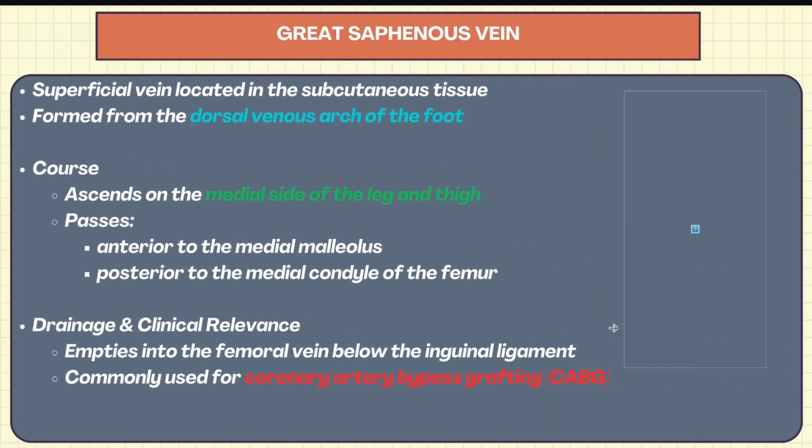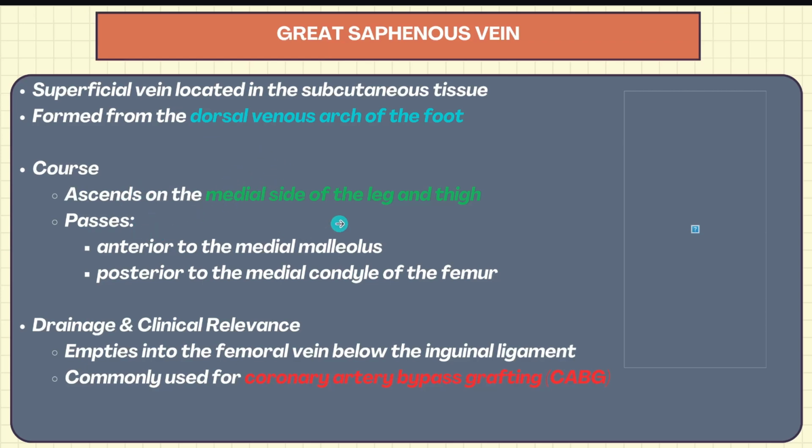Now, the great saphenous vein, a superficial vein, is located in the subcutaneous tissue and formed from the dorsal venous arch of the foot. The photo here is not working, however, the dorsal venous arches go together and form the great saphenous vein. So what's the course of the great saphenous vein?